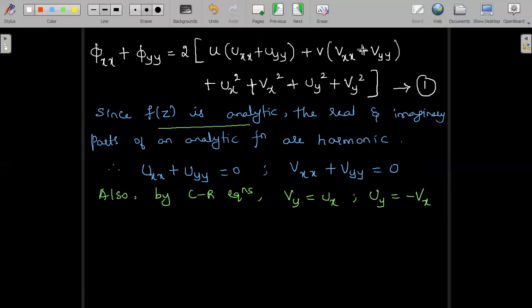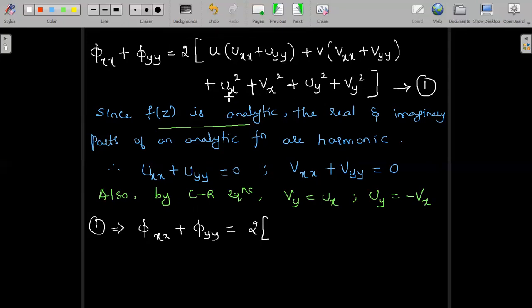So the bracket terms here in equation 1 are 0. So we will rewrite equation 1 now. So equation 1 implies phi xx plus phi yy is equal to 2 times, the first two bracket terms are 0, 0 into u plus 0 into v. So both are zeros. I'll directly go to the remaining terms.